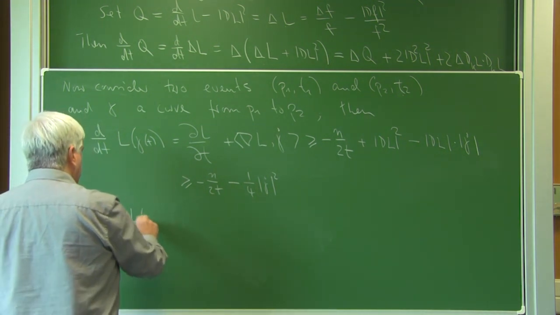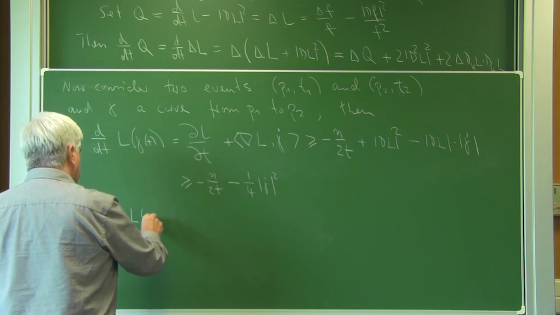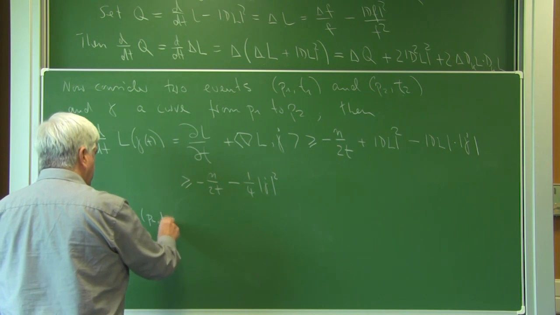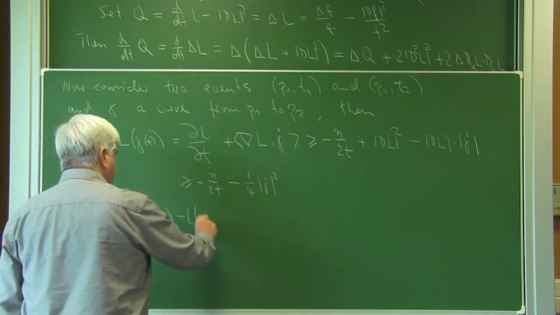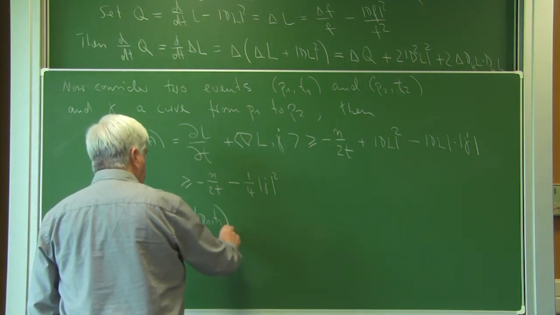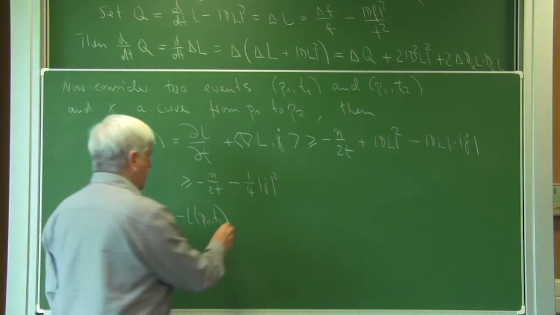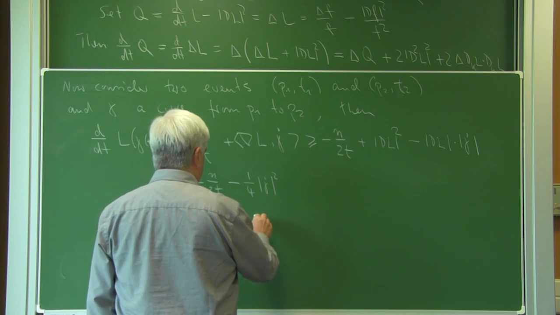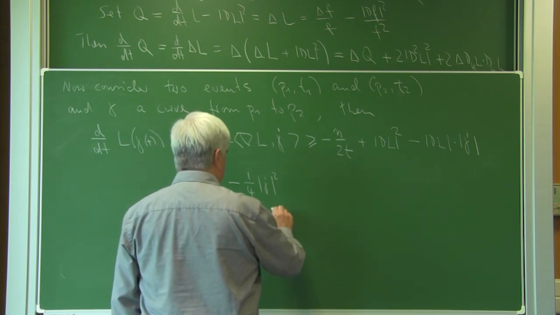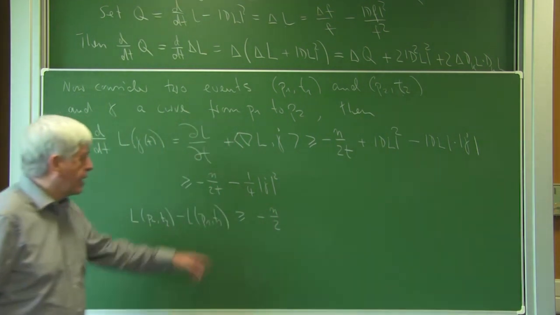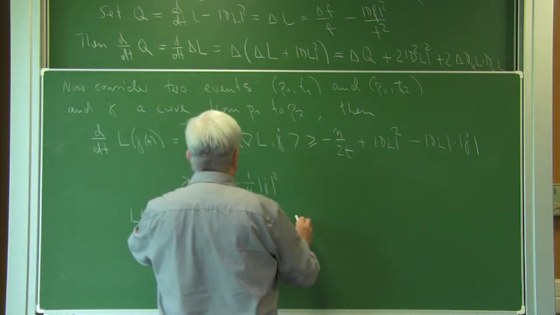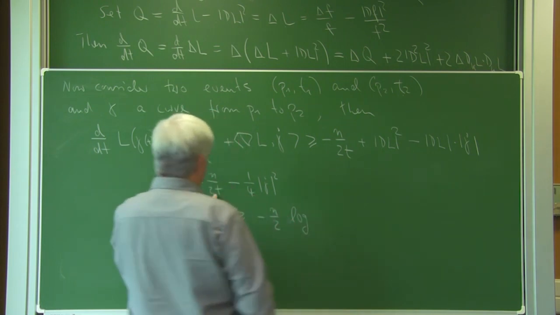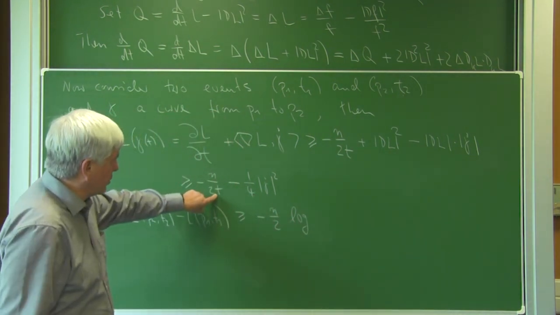I get L at P2, T2 minus L at P1, T1 is bounded from below by minus n over 2, and now from integrating I get the logarithm of T2 minus the logarithm of T1.